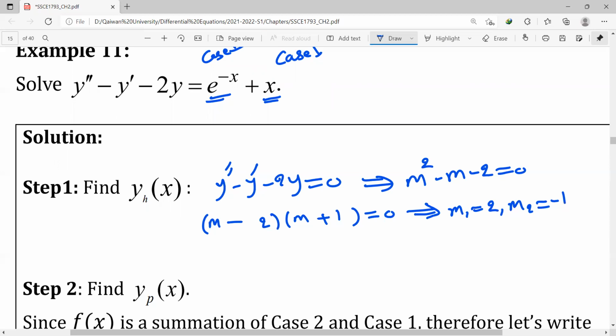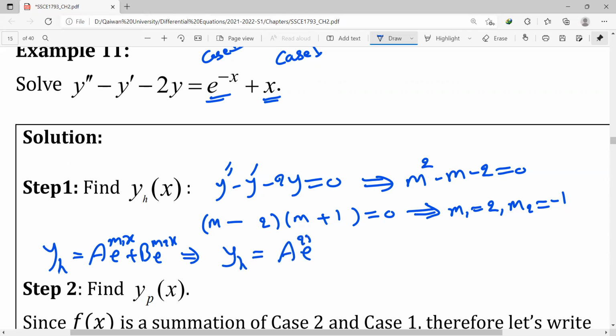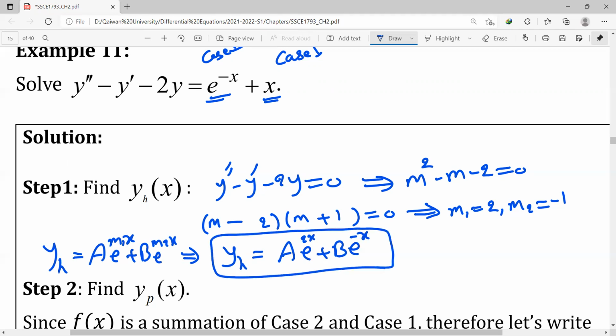Since they are different, we say yh equals a e to the power m1x plus b e to the power m2x, and so it equals a e to the power 2x plus b e to the power minus x. This is the homogeneous solution.